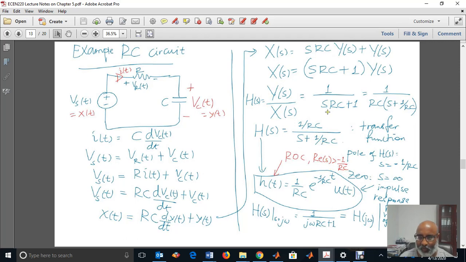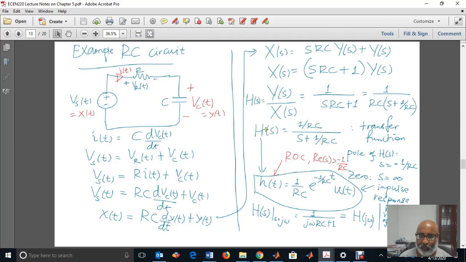Remember 1 over s plus a: if the region of convergence is less than minus a, we have a left-sided signal. If it is greater than minus a, we have a right-sided signal. So using that, we have 1 over RC constant times, where a is 1 over RC here, e to the power of negative t over RC times u of t. This is h of t.